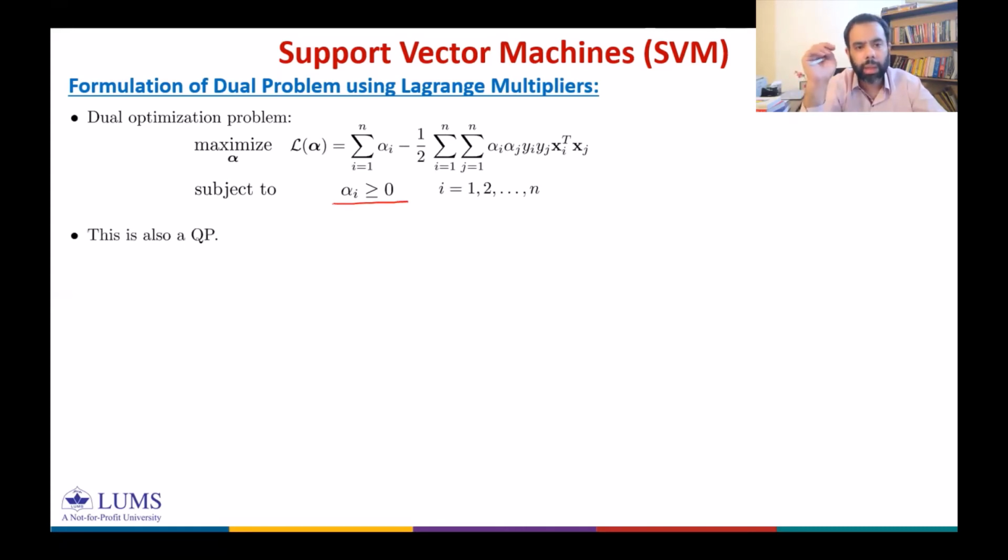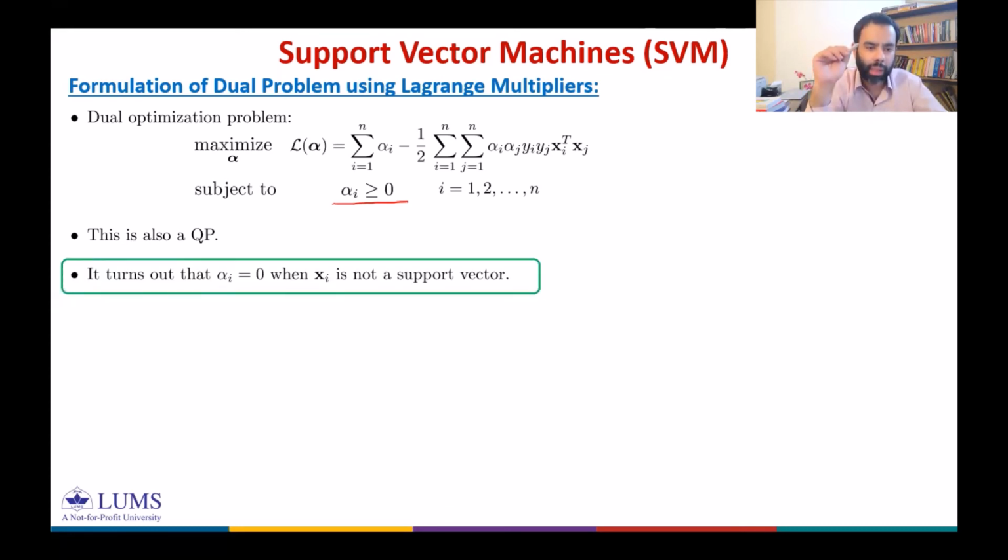And when we solve this, it turns out that alpha i, these weights, are 0 when xi is not a support vector. So we have a weight associated with each xi, each inequality constraint, each data point. When we solve this, we can use the Karush-Kuhn-Tucker, KKT, conditions to prove that alpha i is equal to 0 when xi is not a support vector.